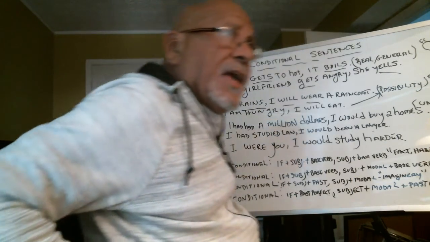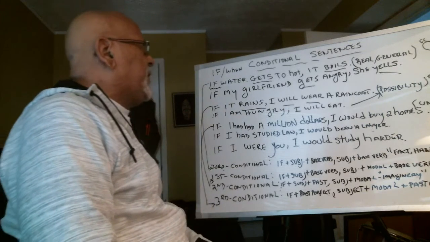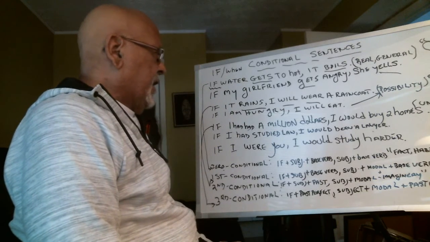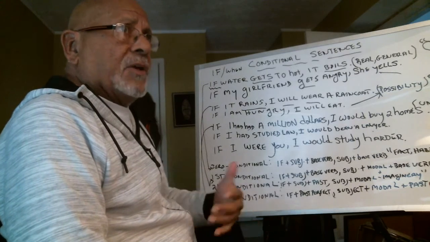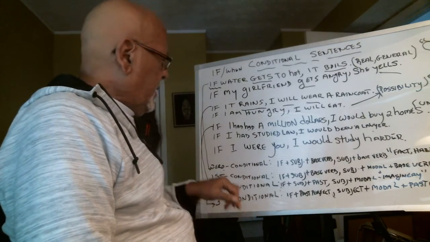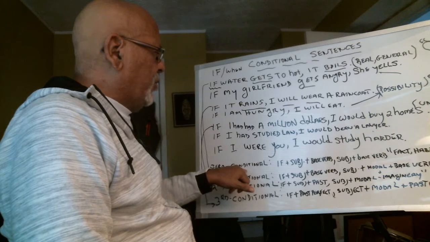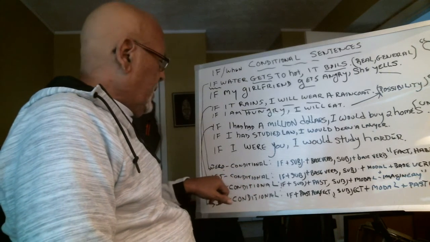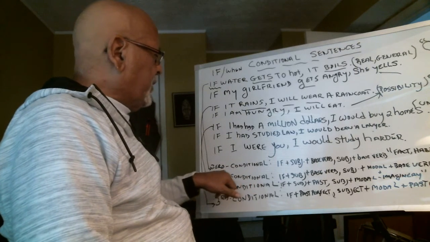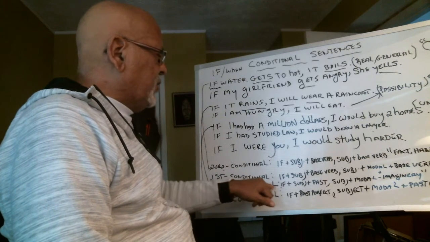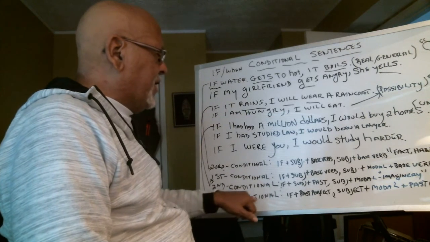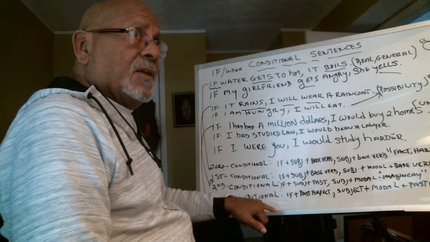So let's look at some of these sentences. Now, I said before, they have what they call a zero conditional sentence, first conditional sentence, second conditional sentence, or third conditional sentence.